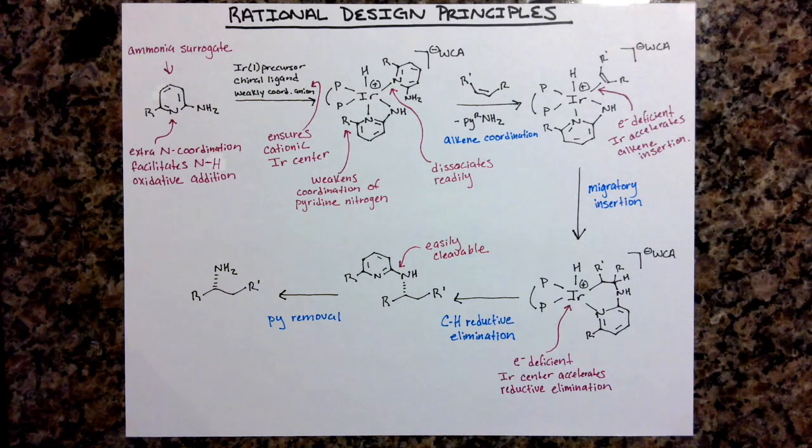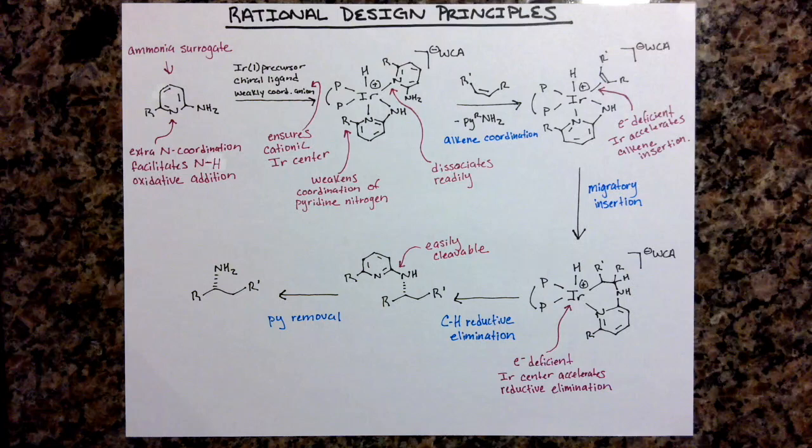So thinking about the 3 challenges that Matt had talked about in the previous JACS paper and how you would need to overcome them when using a more substituted olefin, changing to a cationic iridium center is one way to speed up or to accelerate the alkene migratory insertion and reductive elimination. Using this ammonia surrogate allows for the coordination of the secondary nitrogen to facilitate a more facile oxidative addition of the NH bond.